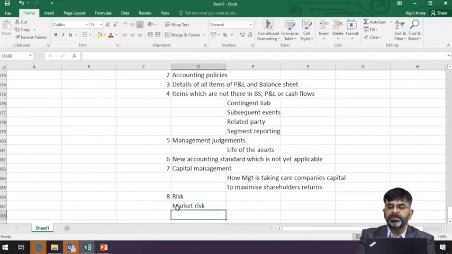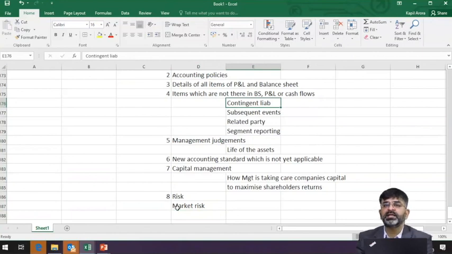So capital commitment will be coming up in this only, correct? The off balance sheet items, which are not there in the balance sheet, would include this. It would be coming in the Singapore FRS also, right?